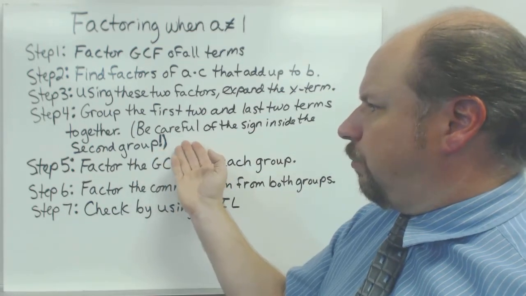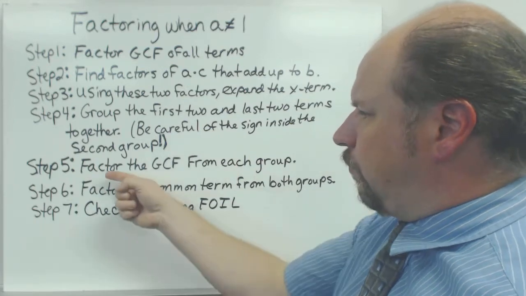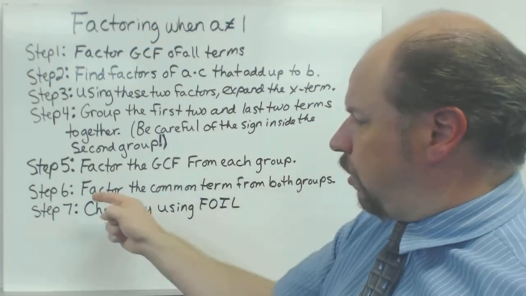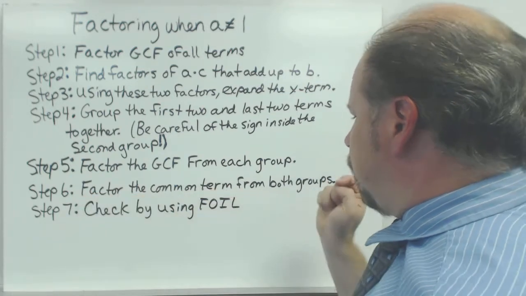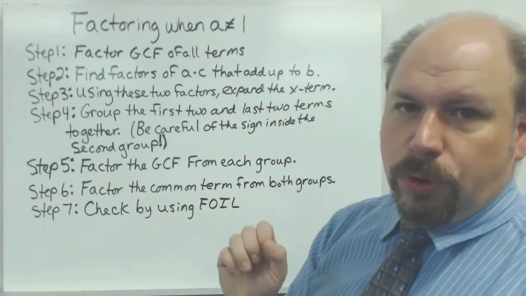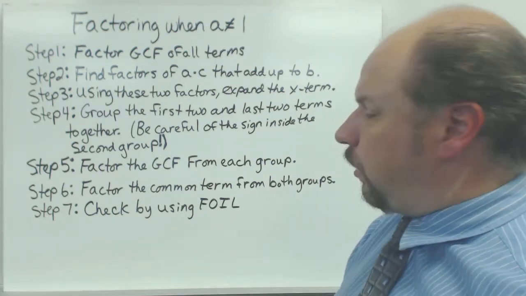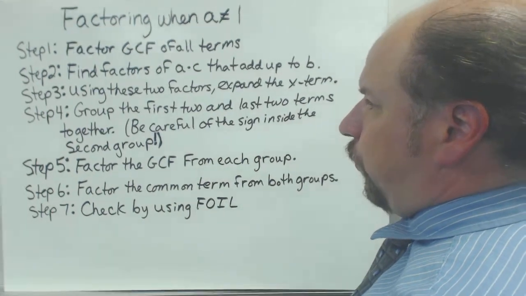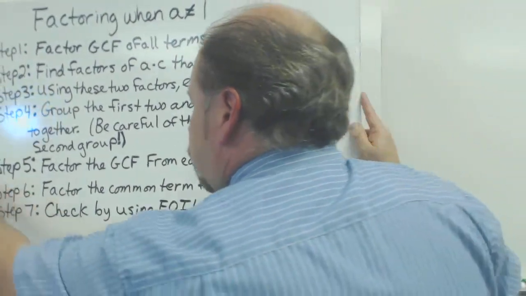Step 5, factor the greatest common factor from each group. Step 6, factor the common term from both groups. And step 7, check by using FOIL. So we'll do a couple of examples of that here in just a second. So those are the steps that we are going to use for our next two examples.